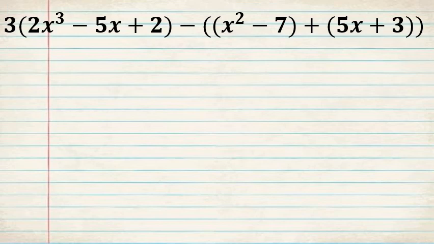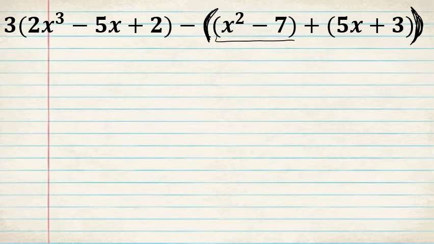Now that the substitutions are complete, I'll apply the order of operations to simplify the expression. The first step in the order of operations is to simplify anything inside grouping symbols where possible. In this problem, the only grouping symbols where simplification is possible is inside the second term, where I have x squared minus 7 plus 5x plus 3.